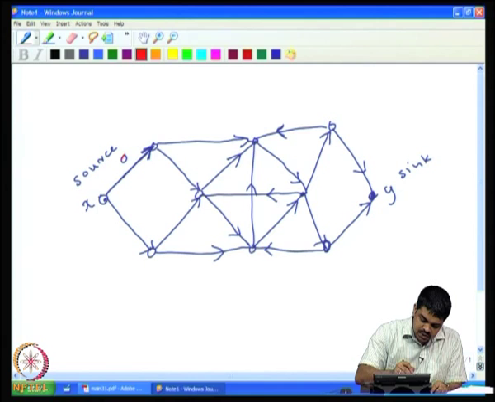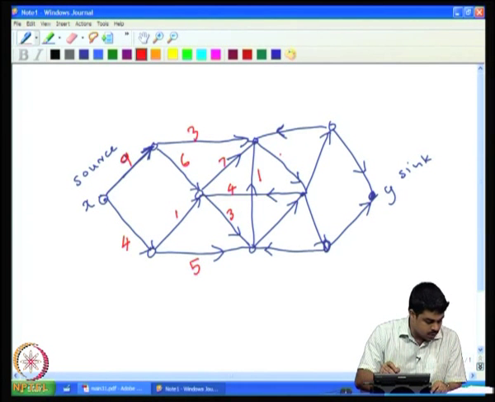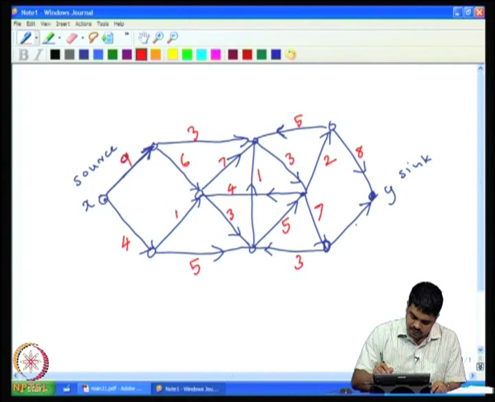So, I am using this red color for capacities: 9 and 4, here 3, here say 6, 1, 5 and say 1, 4 for this, and 3 for this, and 7 for this, and 3 for this, 5 for this, 5 for this, and 3 for this, 7 for this, and 2 for this, 8 for this, and 5 for this.